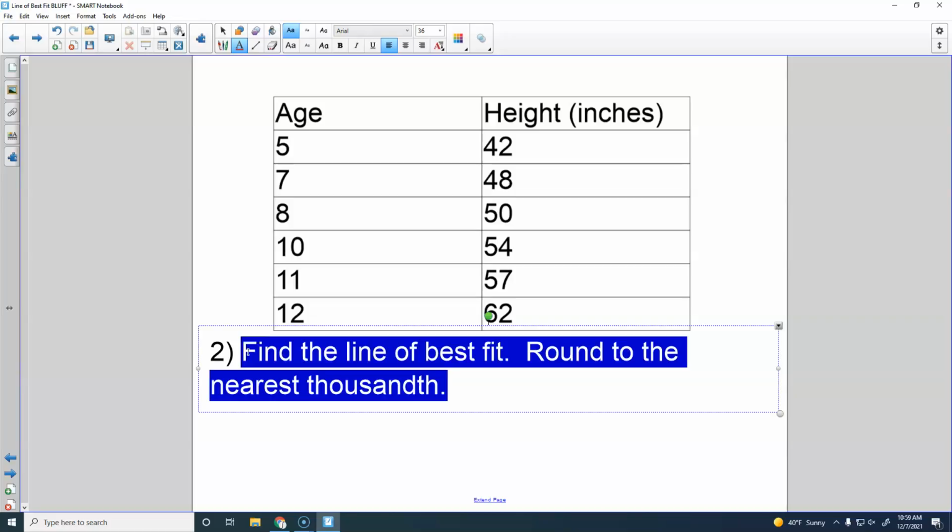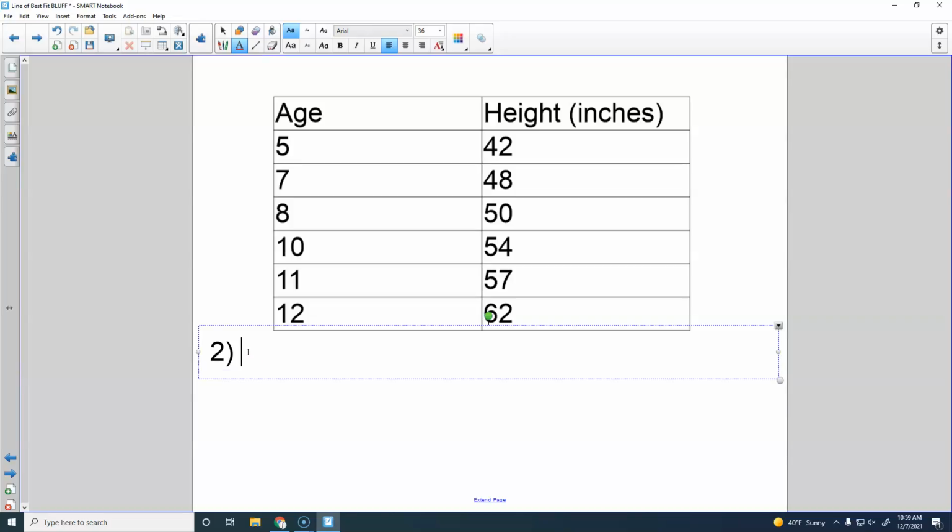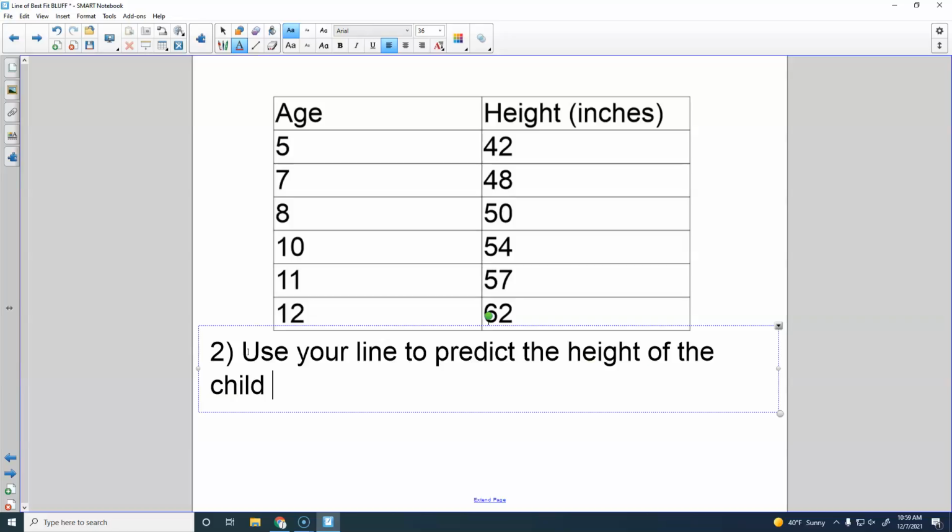I want you to use your line to predict the height of the child when she is, actually, let's say he, girls are done growing by the time they're 12. Is 12, 13, 14? Yeah, probably not. Yeah, maybe an inch, but not much. When he is 15 years old.